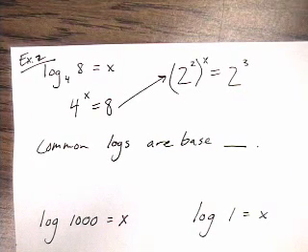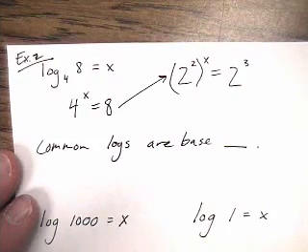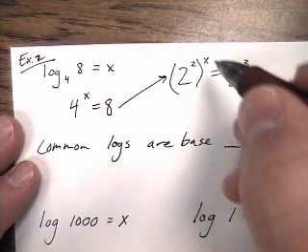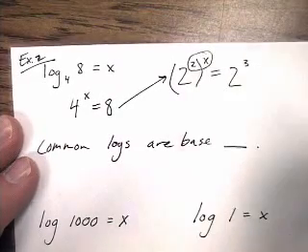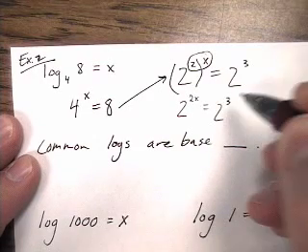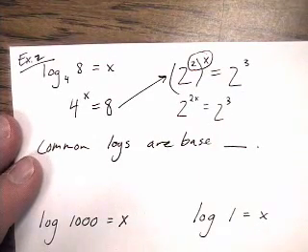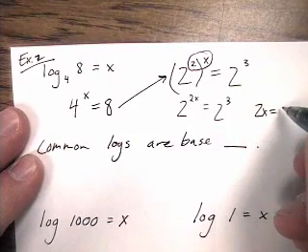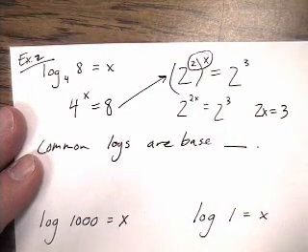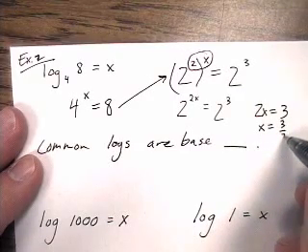See how I've rewritten 4 and 8 as powers of 2. Oh look, power of a power property. So that's 2 to the 2x equals 2 to the 3rd. If the left side equals the right side and the bases are the same, then the exponents have to be the same also. 2x must be equal to 3. Therefore, x equals 3/2.